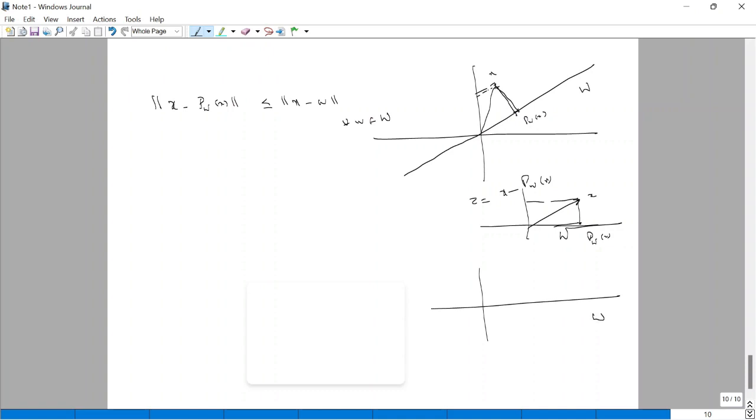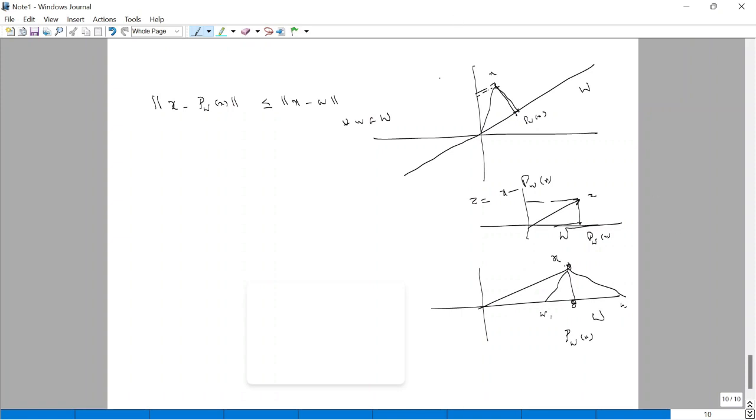This is your W, this is your x, and these are various w's. Now look at the distance between x and w1, w2, etc. The one which is closest is going to be this vector, which is PW of x. Do you follow that? This is what we want to prove, right?